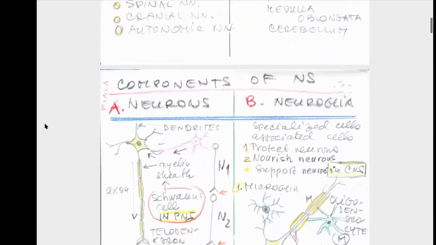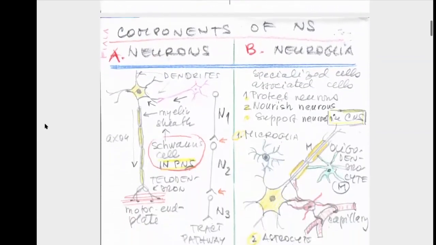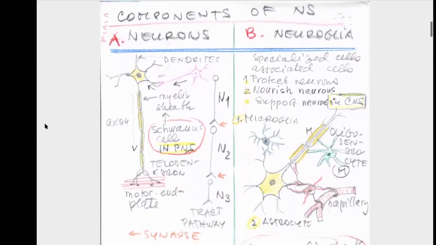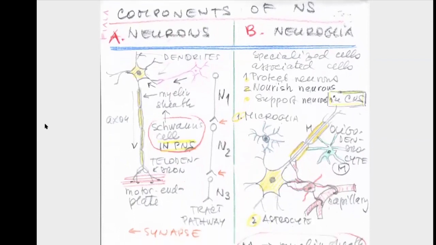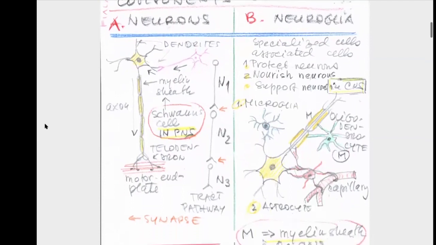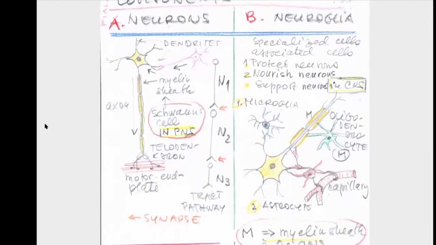Important for us would be to understand the components of the nervous system. We see two columns again. On the left side, starting with the neurons, we know that these are the principal cells which are highly specialized, and we remember from high school that they consist of the perikaryon, this yellowish body, and then short dendrites, short processes, and also one which is called axon.